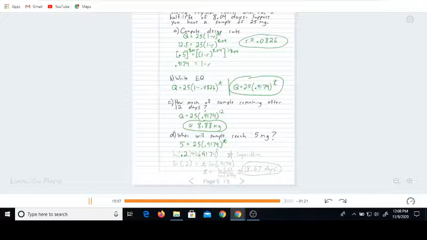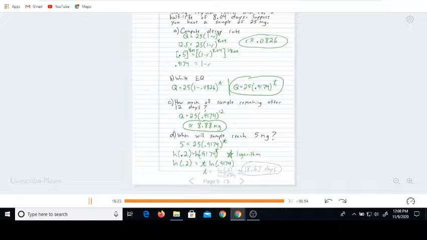Here's where we're going to need logarithms. When we're solving for time, we need to use logarithms on both sides. And I tend to use the natural logarithm. So just natural log both sides. That lets you pull the power out front. So natural log of 0.2 equals t times natural log of 0.9174.